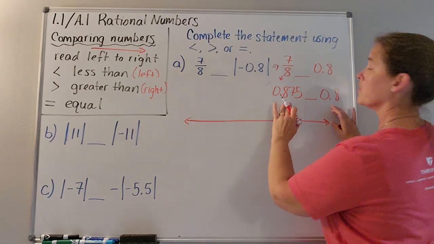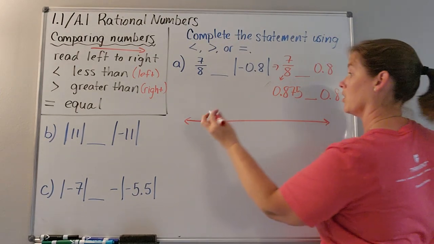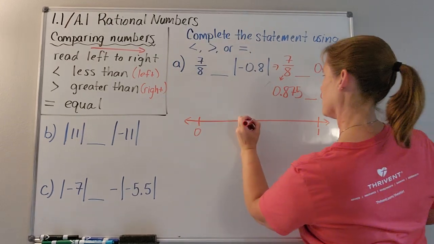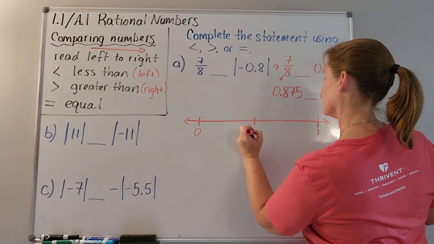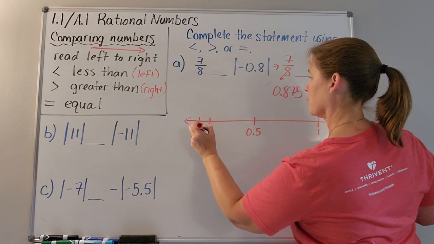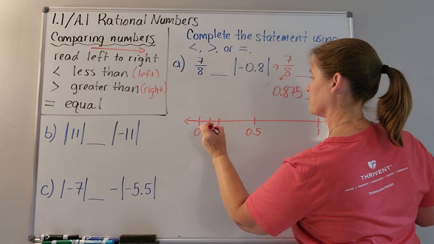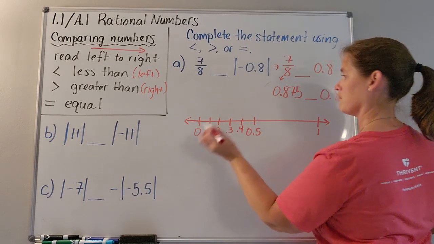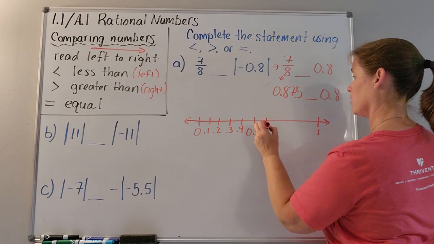And, well, we know both numbers are between 0 and 1. So there's 0, there's 1. What goes right in the middle? 0.5. And I could do 0.1 for the sake of space. I am not writing the zeros on all of those, just because it gets too squishy on my board.